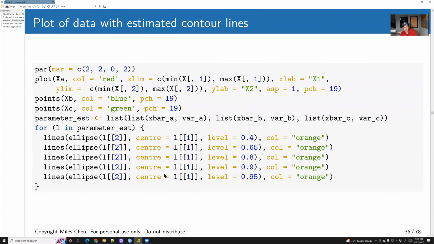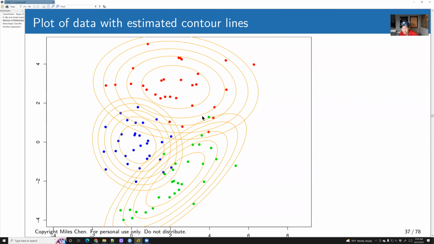If I plot that, this is what the estimated centers and contour lines look like. This is the normal distribution fit to our red data, the normal distribution fit to our blue data, and the normal distribution fit to our green data. If we look at that, we see this is centered right in the center of our blue, our green, and our red.